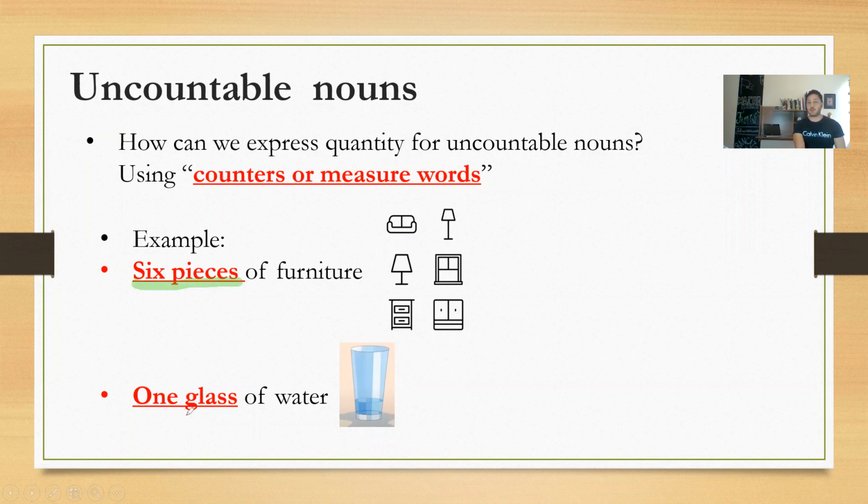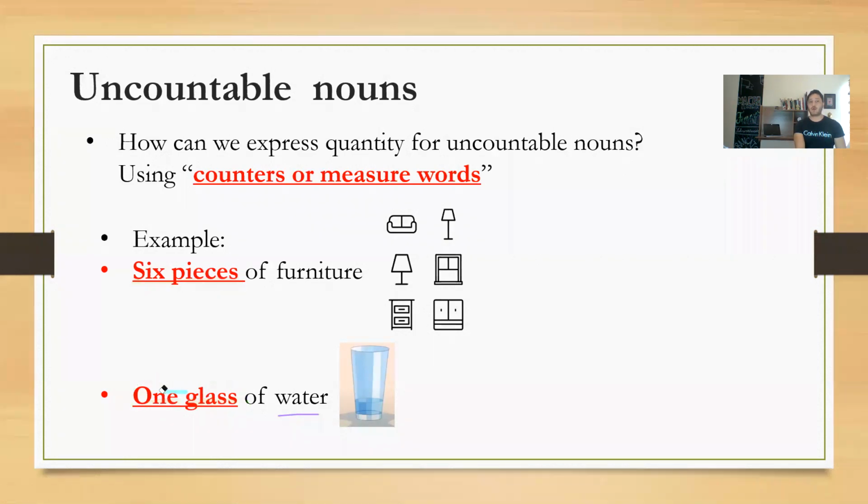In the second example, we have 1 glass of water, and we are using 1 as a number, glass as a counter or as a measure word, and water, which is an uncountable noun. So in this case, we can count uncountable nouns using measure words or counters. Great.